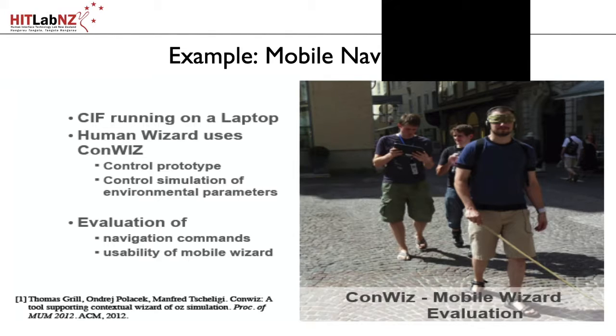So again, in this case, what they were doing is they were basically Wizard of Ozing the whole thing. So as far as this person is aware, they are walking along and they have some computer which is somehow magically giving them instructions and telling them how to get around or follow through this city.